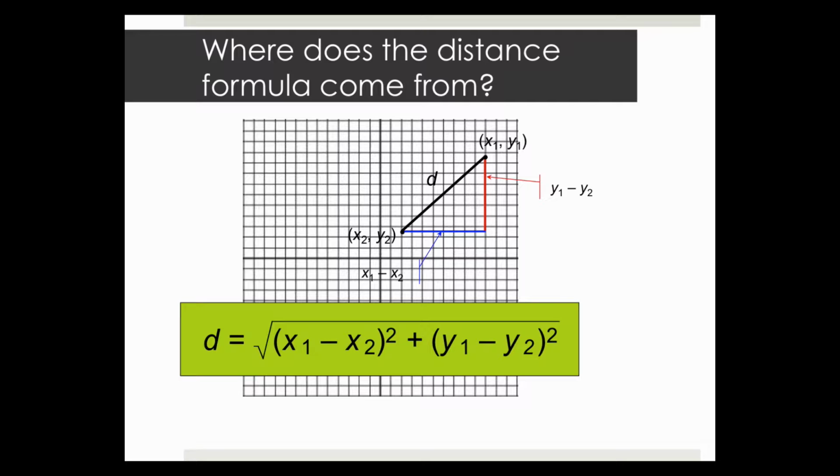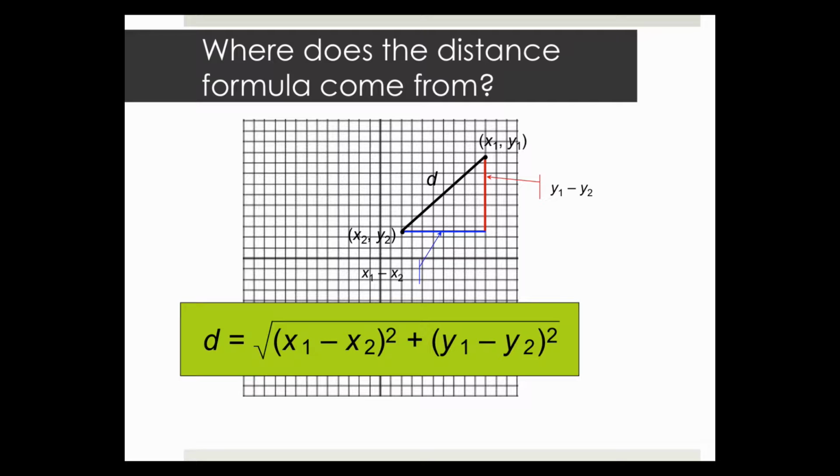So you've seen this before, correct? You probably just never knew where it came from. You were just given the formula and then you plug and chug numbers into it. But now you have an understanding of where that formula is derived from, which will help in your understanding when you're solving those problems.